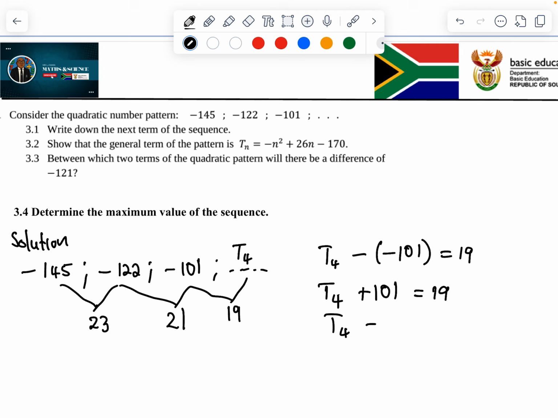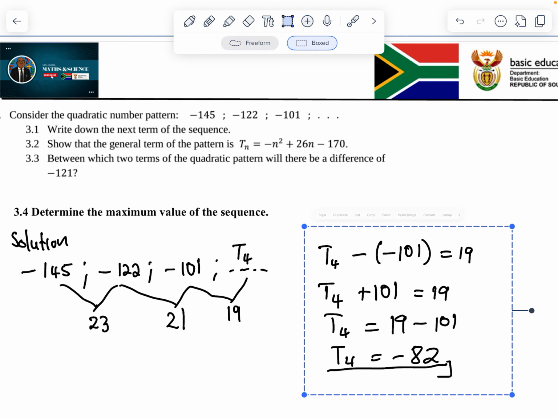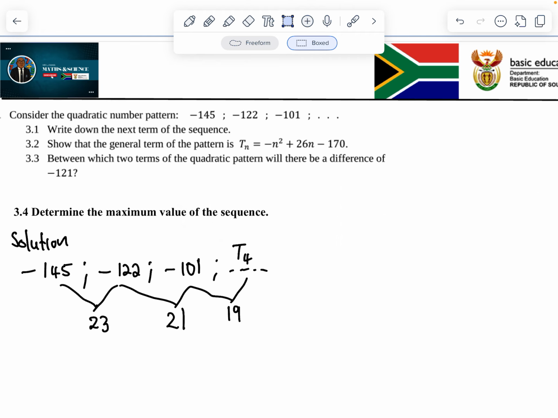Then T4 is equal to 19 minus 101, and T4 is equal to -82. So that is it. We have found the next term. The next term here is -82.